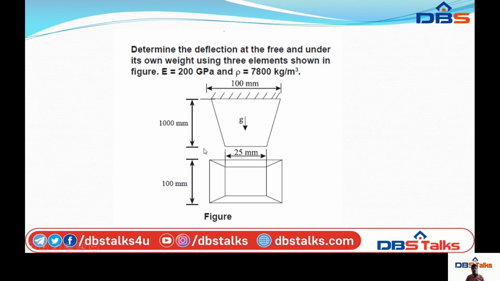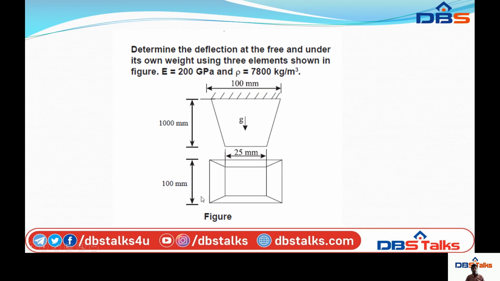Here I am showing the tapered section. Based on that, the top width is 100 mm and the bottom width is 25 mm. Here gravity, g, is acting. Then the total height up to this point is 1000 mm.